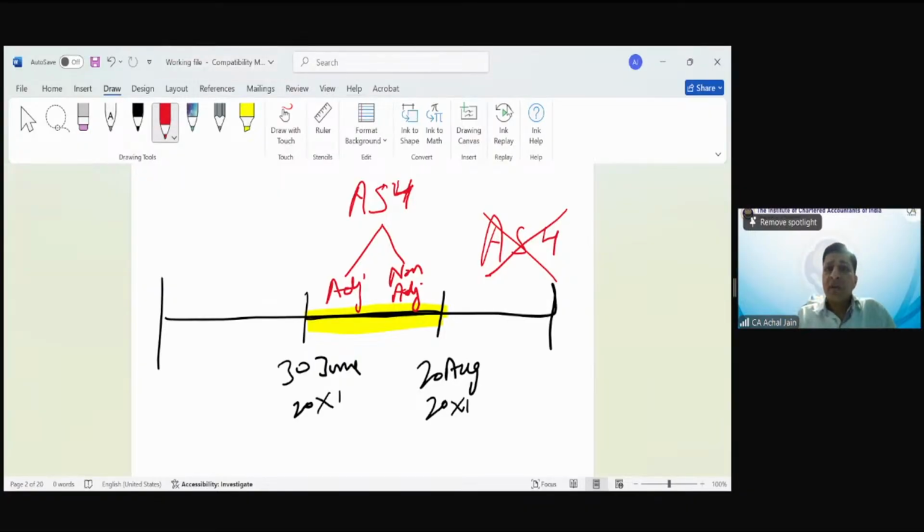Then I can see one query coming from Astha. Okay, great. Yes, Astha, please go ahead with your query. What's your query? And then we'll move on to the next accounting standard. Yes, Astha, please go ahead with your query. Over to you quickly.